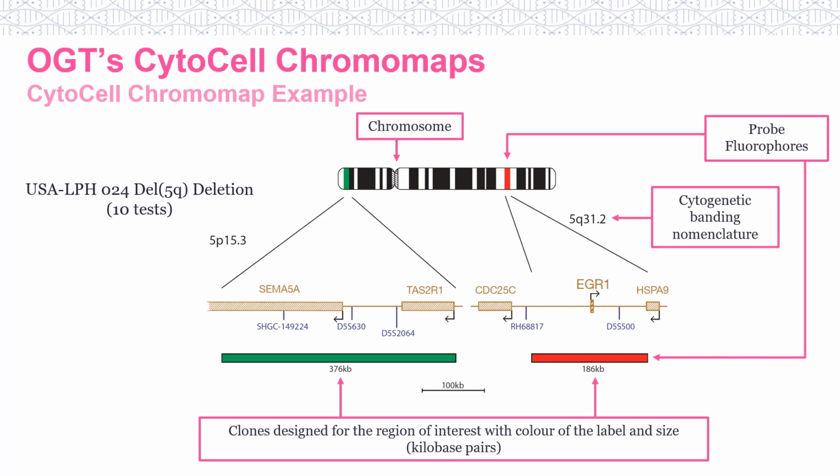This probe kit consists of a 186 kilobase probe, labelled in Texas Red, covering a region within 5q31.2, including the D5S500 marker, and a 376 kilobase probe, labelled in FITC green, within 5p15.3, including the D5S630 marker. Chromomaps are available for all OGT's CytoCell catalogue FISH probes.